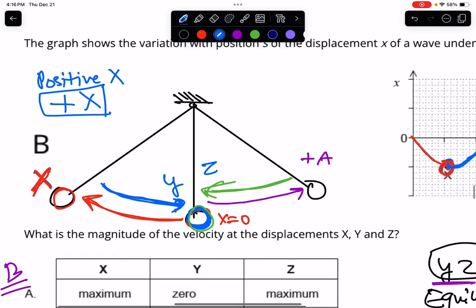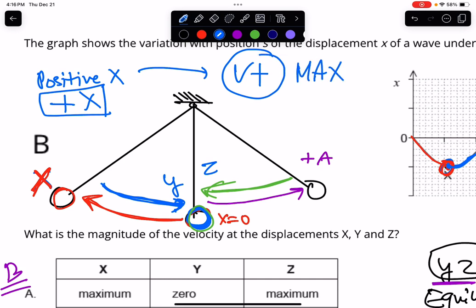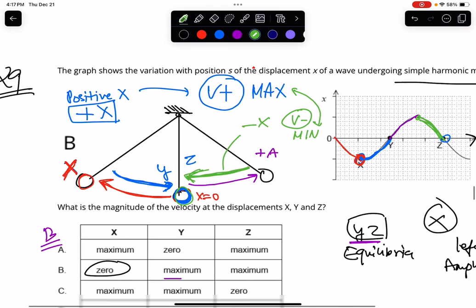So because it's going in the positive X direction, we can say that the velocity is going to be positive, and it is going to be the maximum value at positive. Whereas for Z, you're approaching Z from the left side, so the object is going in the negative X direction, which means that the velocity will be negative, or the minimum value, right? So the magnitude of both of them is the same. It is the highest number in magnitude, but the direction would be different.